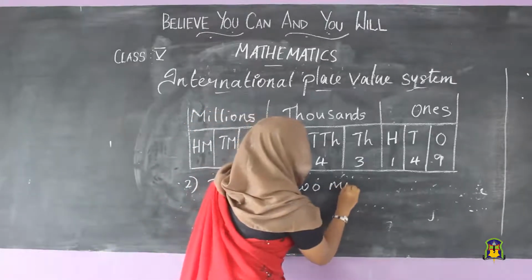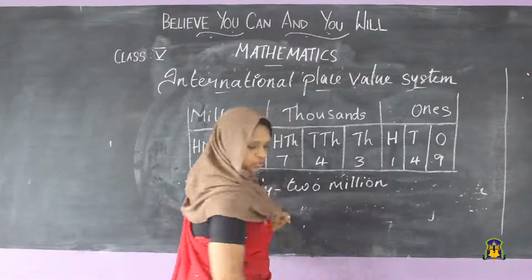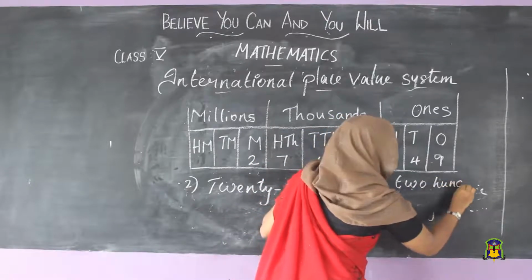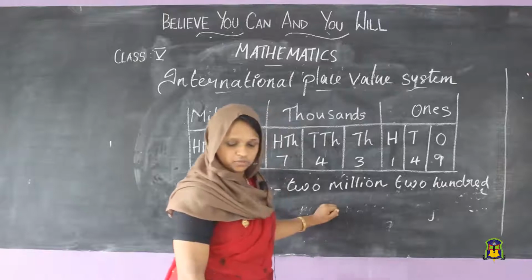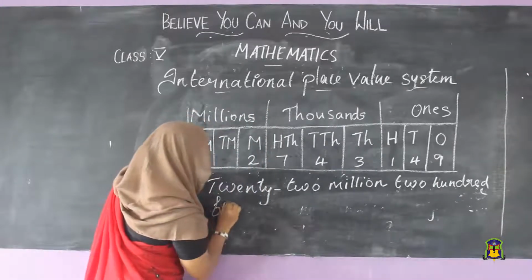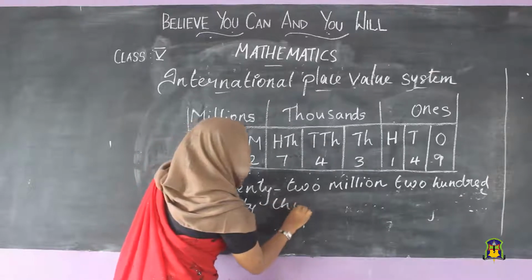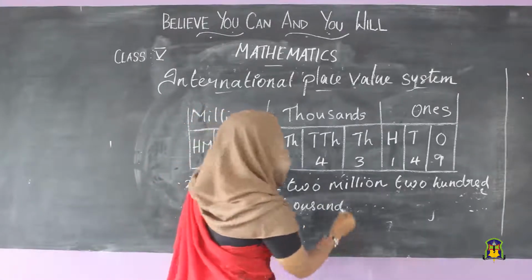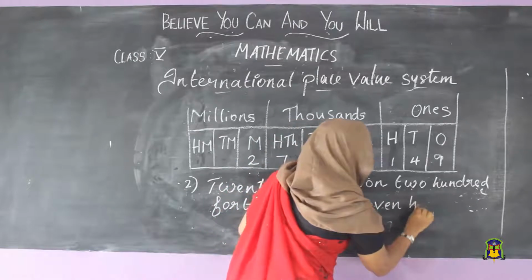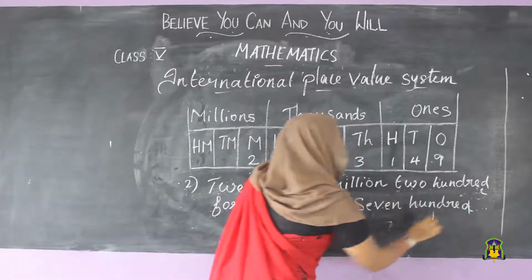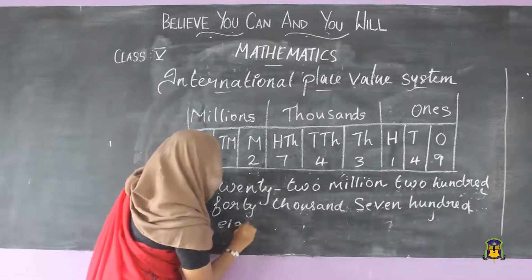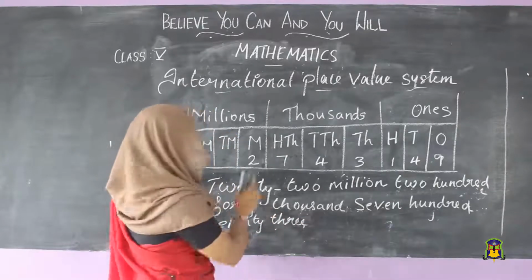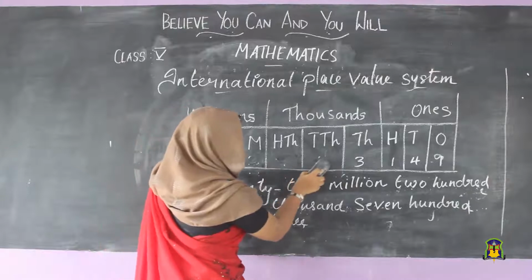22 million, 22,240,000, 783. Now we want to write in which place.